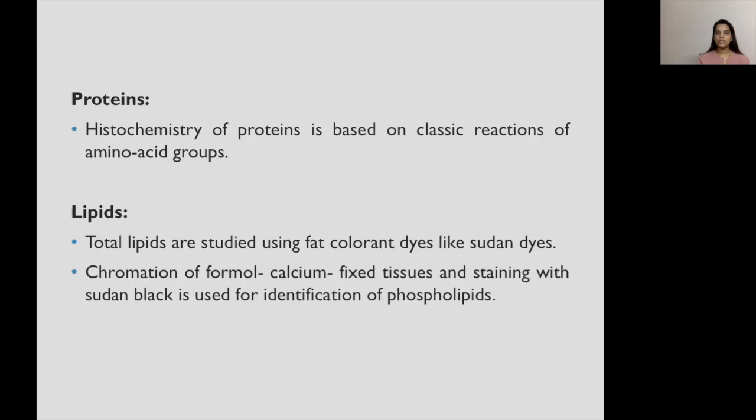Proteins. Histochemistry of proteins is based on classic reaction of amino acid groups. Then lipids, for lipids we use Sudan dyes. So total lipids are studied using fat colorant dyes like Sudan dyes. Chromation of formol, calcium fixed tissues, and staining with Sudan black is used for identification of phospholipids.